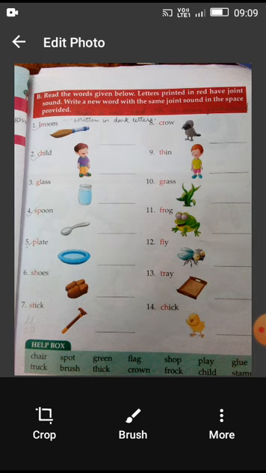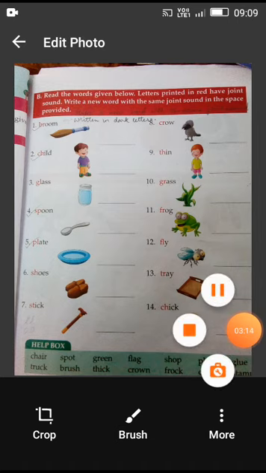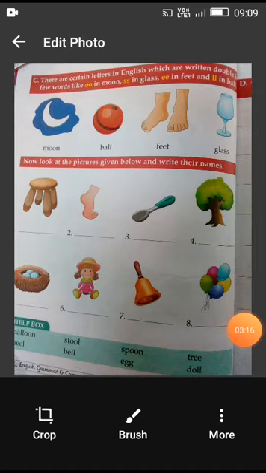Okay, now we will see the next page. Turn to page 20. On this page, you can see joint letters that are double letters.